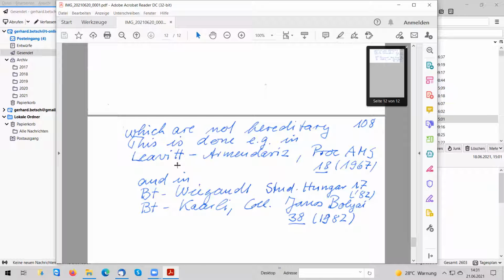This is done, for instance, for non-associative rings by Levitt and Amentaris in a paper in the Proceedings of the American Mathematical Society in 1967, and in two joint papers, of Wiegand and myself and Cully and myself.